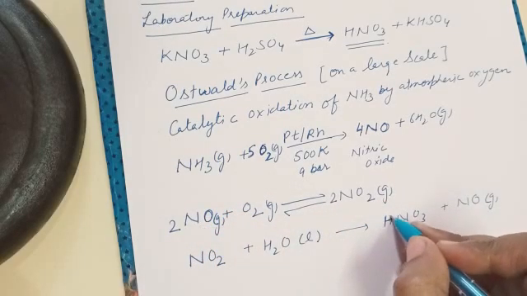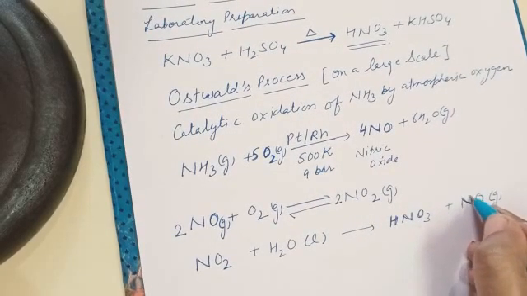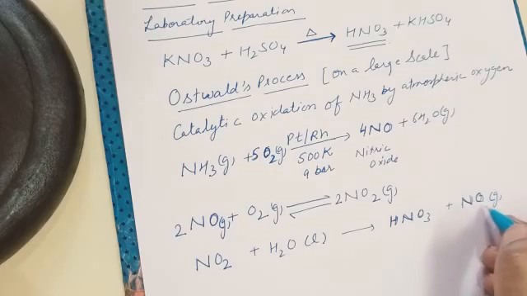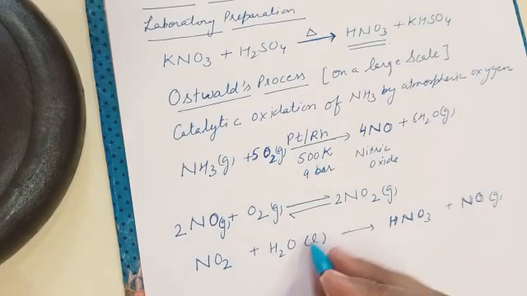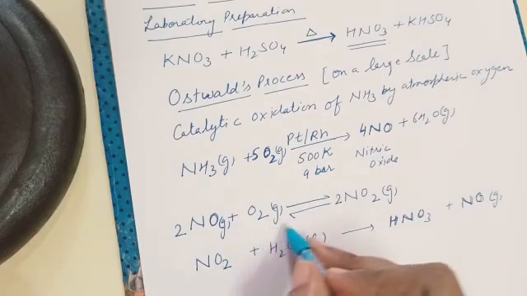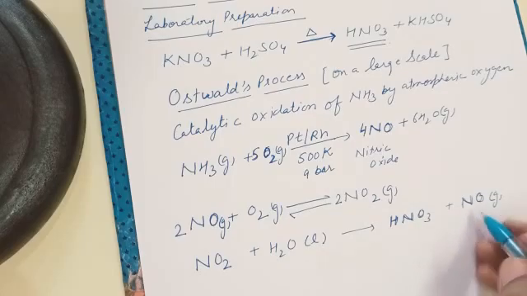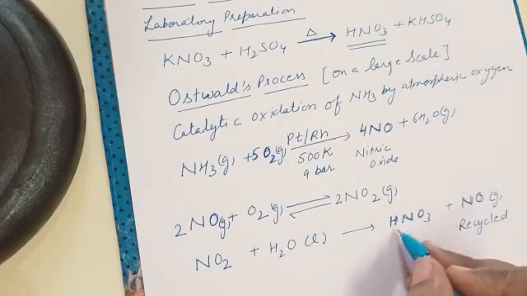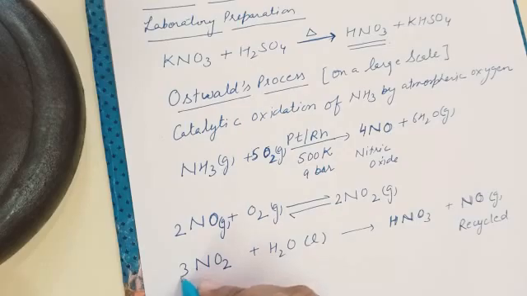Means at the final stage we again get the NO, nitric oxide, which is further used in the manufacture of HNO3. Again it will react with O2 and form NO2. So it will be recycled in the process.